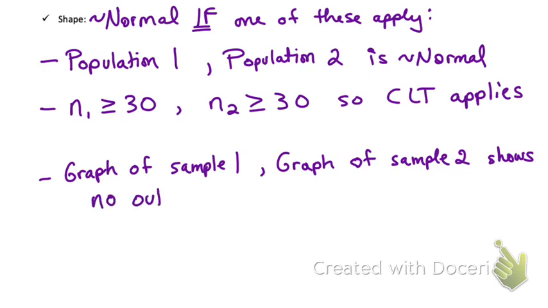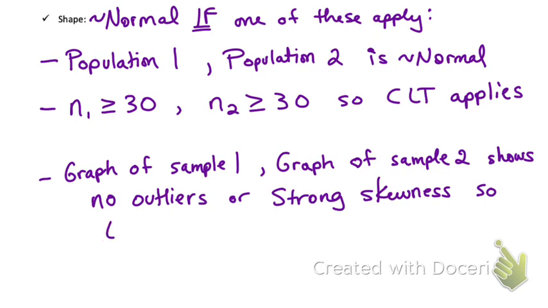No outliers, none at all. Or what else can't we see? Skewness. What kind of skewness? Strong skewness. We only have to apply one of these. Or strong skewness. So the t procedures apply.